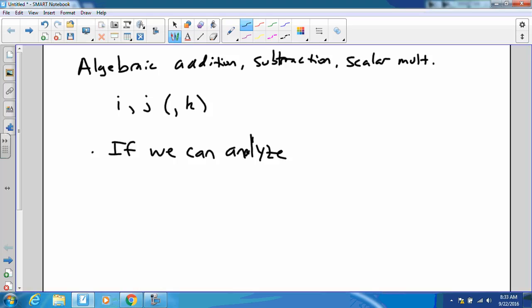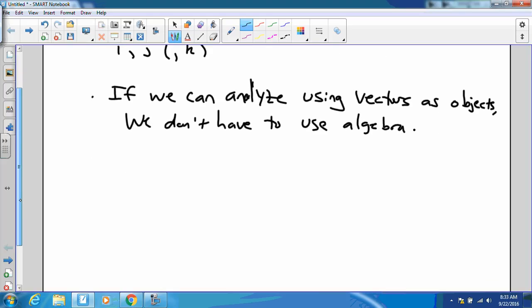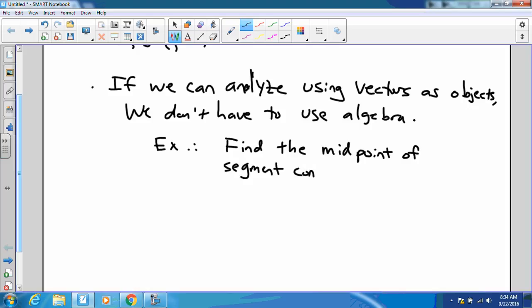If we can analyze using vectors as objects, we don't have to, and in particular, find the midpoint of the segment connecting points A and B. This is a typical kind of problem that we can solve with vectors as objects, never having to refer to any sorts of components, polar form, or anything like that.